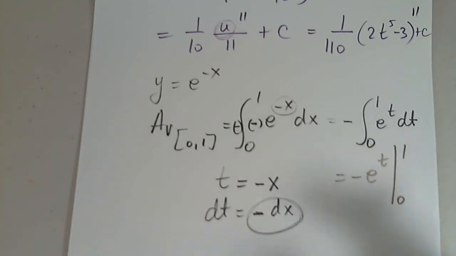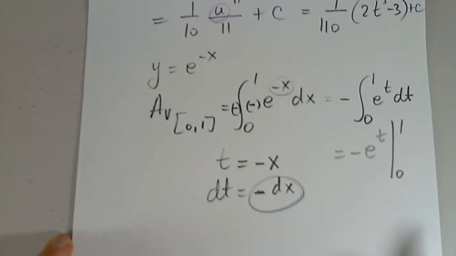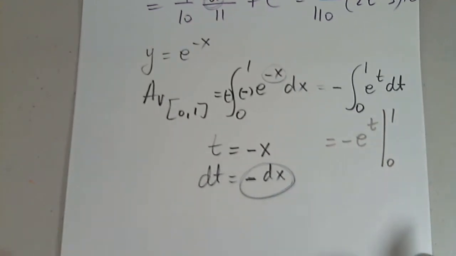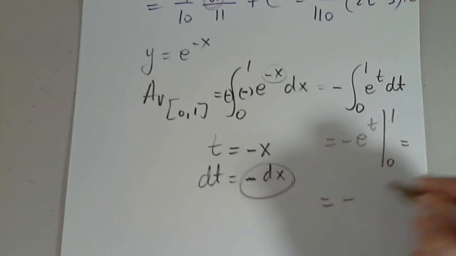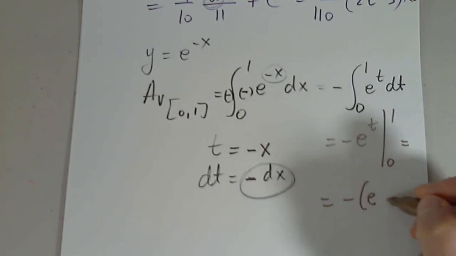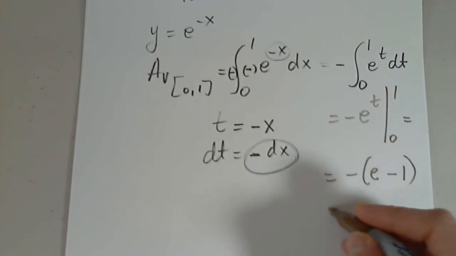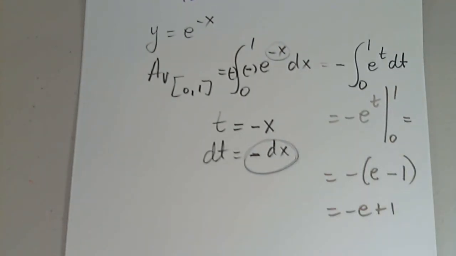There are other functions which have the derivative themselves. But this is a well-known function. Okay, so then I plug in 1 and I get e, minus when I plug in 0 and I get 1. So the answer is negative e plus 1.